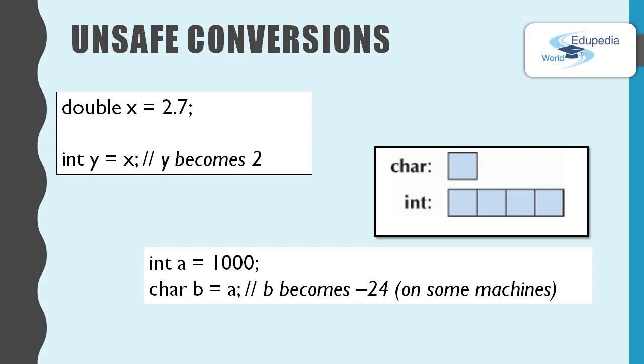If there are many code lines between the two statements, by the time we define y, we may have forgotten that x was a double, or we may have temporarily forgotten that a double to int conversion truncates. That means it always rounds down towards 0 rather than using conventional rounding. What happens is perfectly predictable, but there is nothing in the int y equals x statement to remind us that the information 0.7 is thrown away.